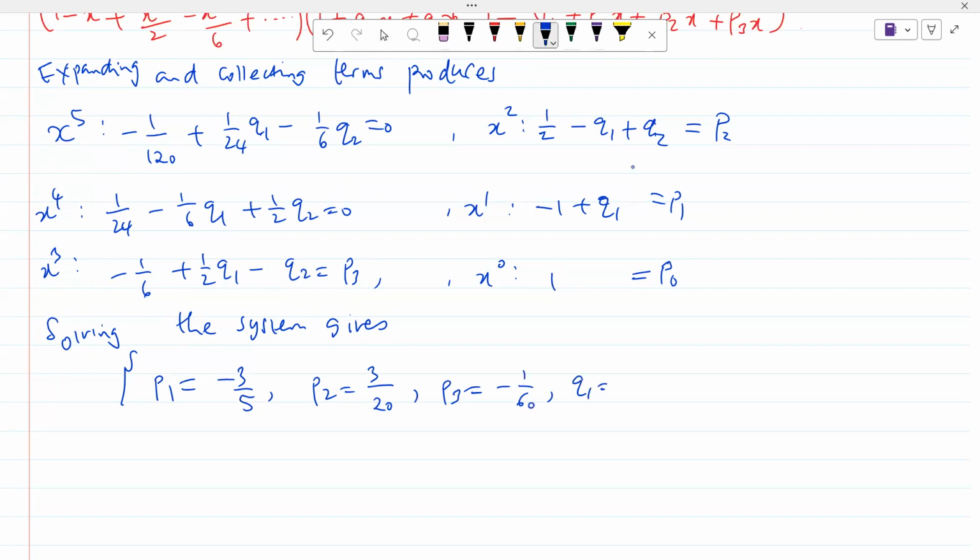And then q1 is 2 over 5. And then we have q2 equal to 1 over 20.